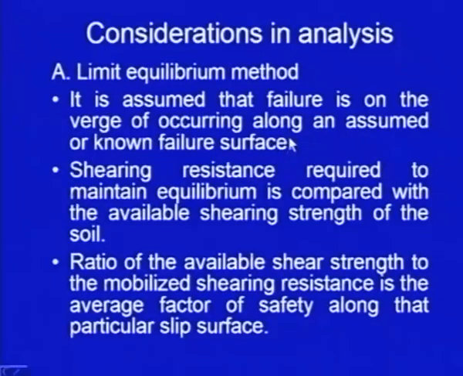Then the second step is that the shearing resistance required to maintain equilibrium is compared with the available shearing strength of the soil. So, first we take a failure surface, and on that failure surface we find out the shearing stresses. Once the shearing stresses are known, you can find out the required shearing strength.